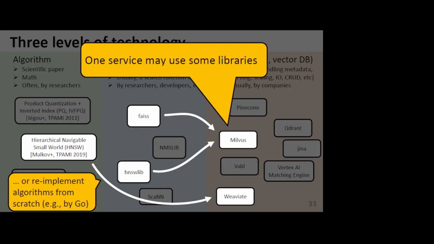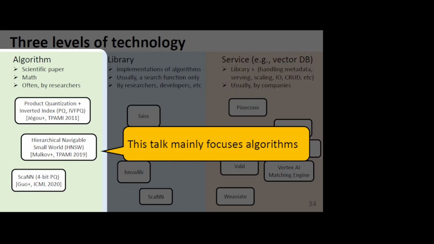This service includes Faiss and HNSWlib. And this is another service called Weaviate. It implements HNSW using this library in their service. Okay, so this slide will focus on algorithms.